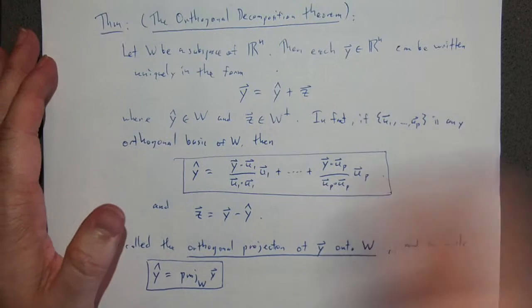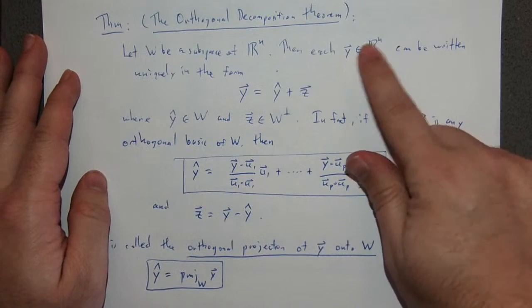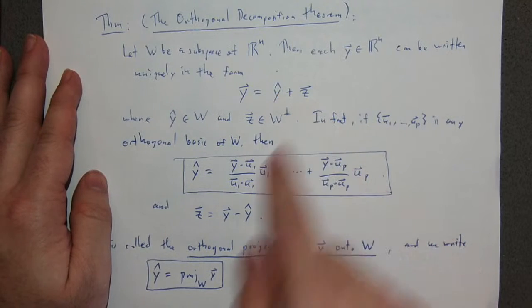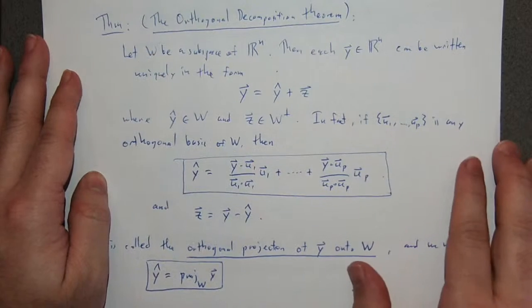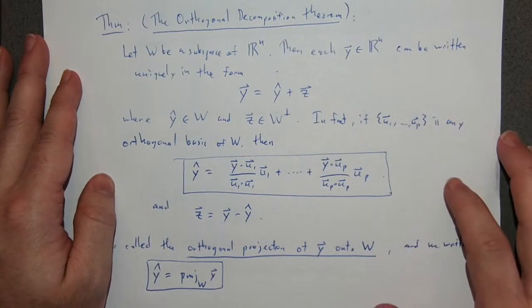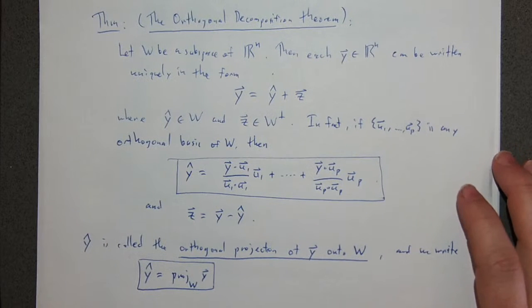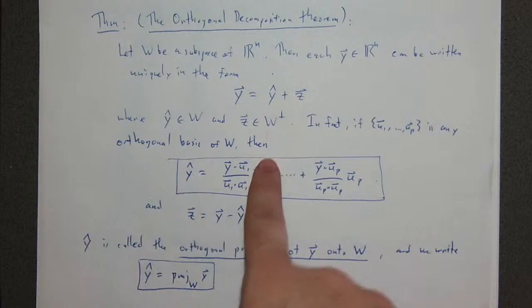The motivation for wanting to do this in the first place is so that we could take a generic vector in Rn and write it as a vector sum y hat plus z, where y hat is in the subspace, and z is in the orthogonal complement to the subspace. So y hat is in W and z is in W perp.